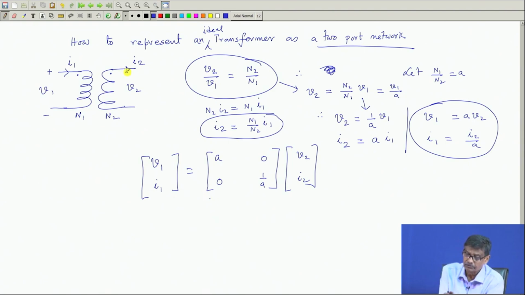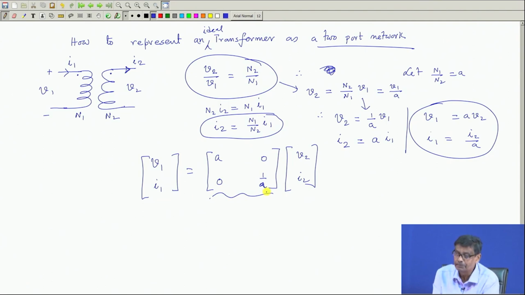So it is also a 2-port network, a 4-terminal 2-port network, not that these two are joined or anything, even if it is joined you can. What do you think these parameters are? Is it Z, is it ABCD, is it H parameters?